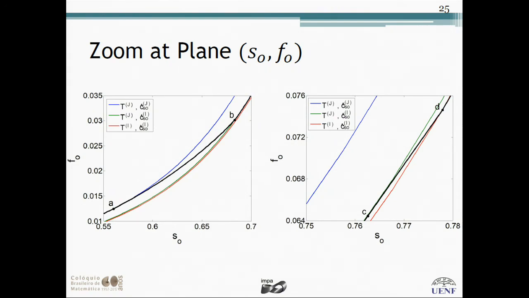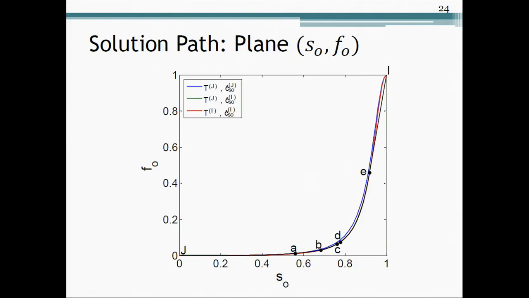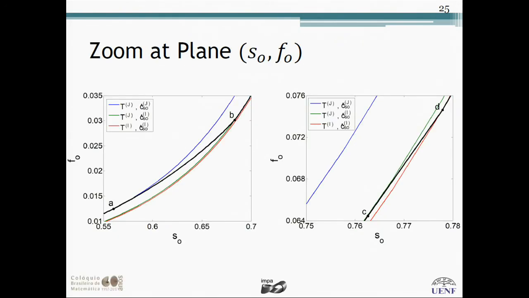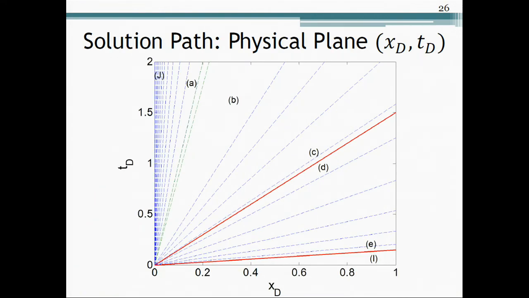From A to B, we go from the injection conditions to the intermediate conditions, where there is a concentration rarefaction. For this case, of course, if we change the concentrations, a shock may appear. And then here at B, another constant state. And then here you see, we have the saturation rarefaction. The concentration rarefaction is green. It's also not so clear.